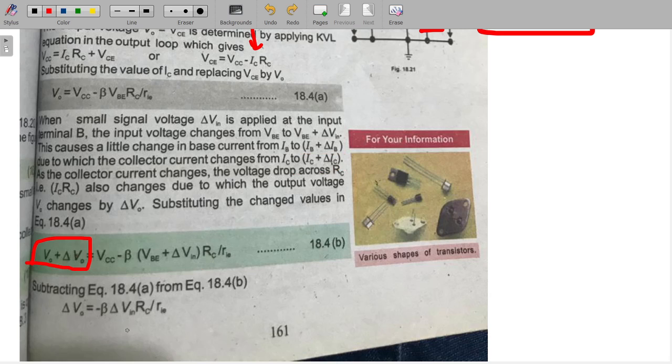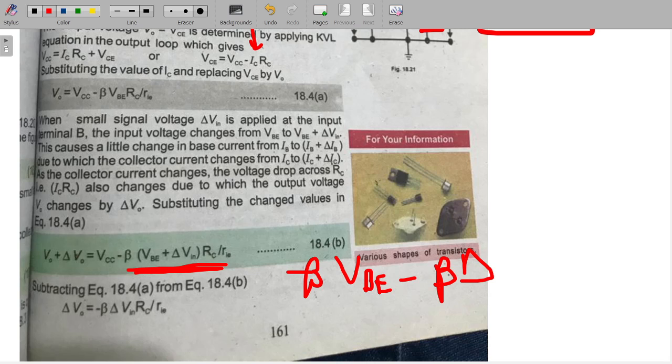And now what do we do? When we do that, we subtract the values that would make up delta V naught, which is the output voltage. So we simplify this, and what do we find? We find beta V BE, or just minus beta.